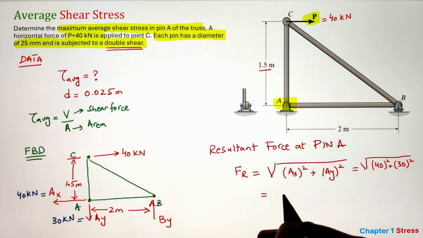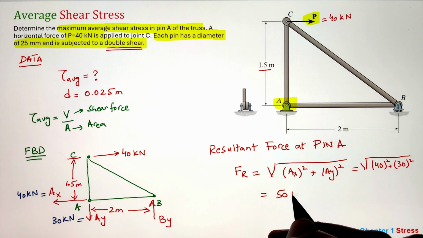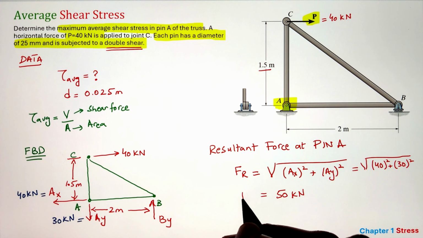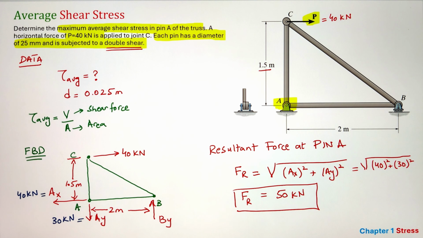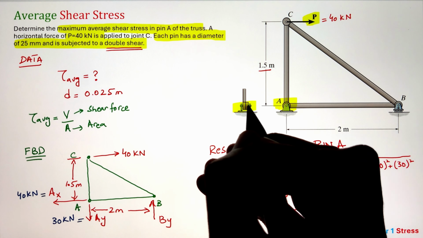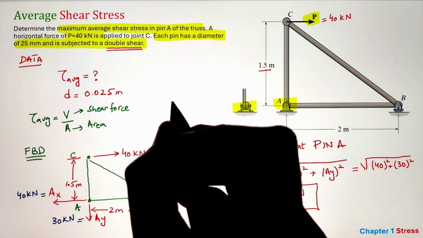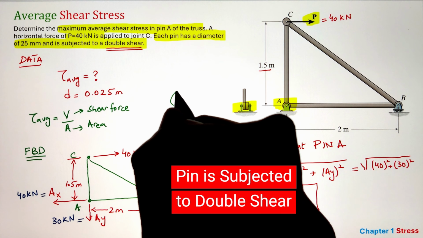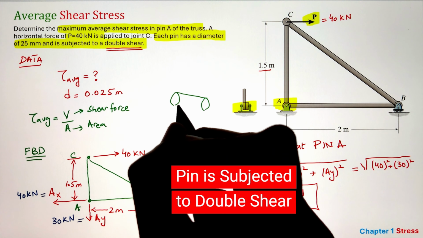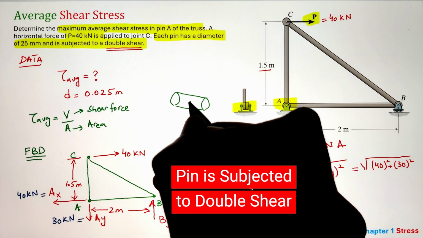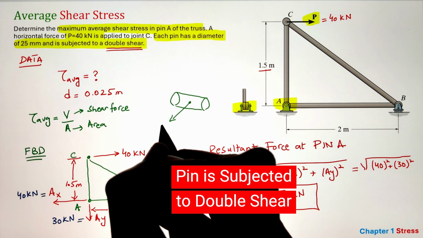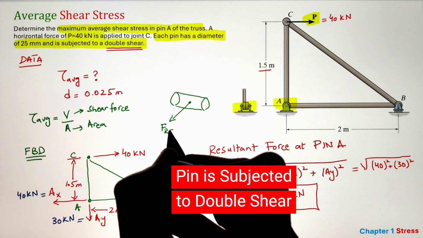Now, once we have that 50 kilonewtons, the other important part to note is the pin support is subjected to double shear, meaning that it is going to shear from two sides. Now, since our FR is acting in one specific direction, to resist that force FR, there will be a shear force generated in the opposite direction.